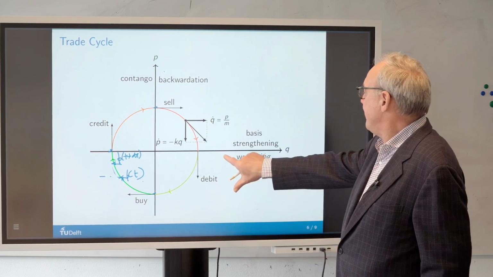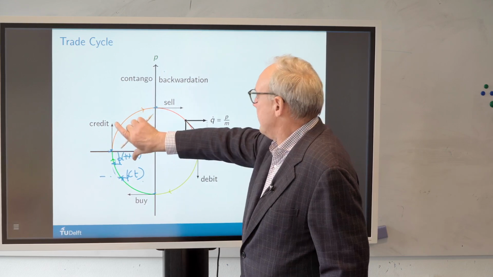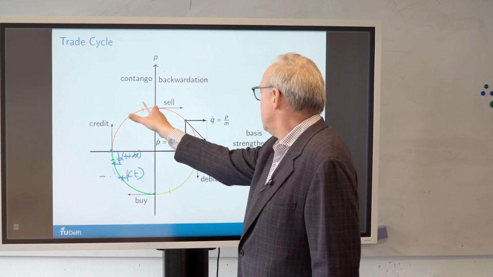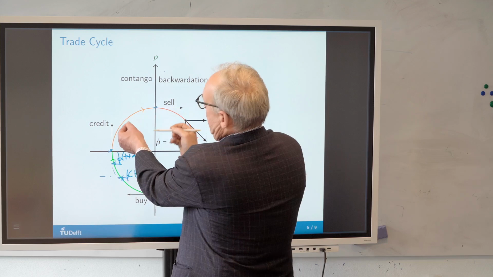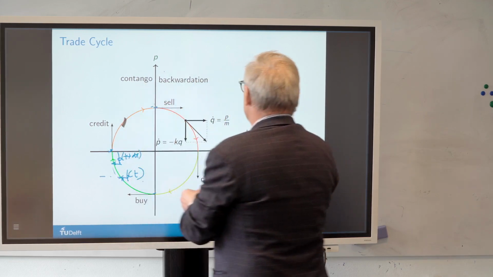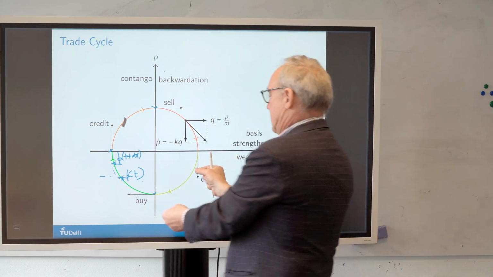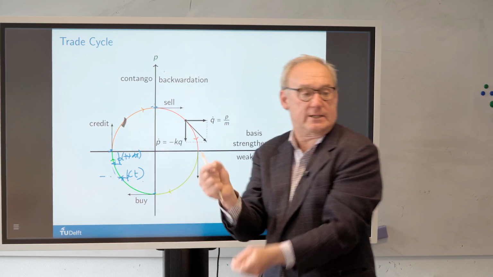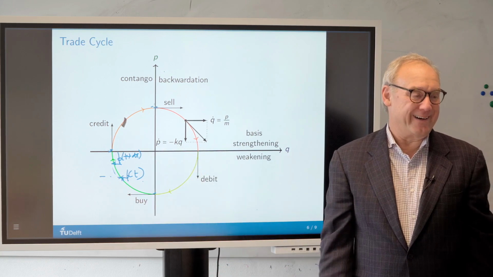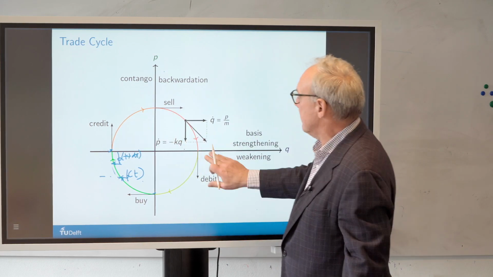So when the force is decreasing, we say that the spot gets stronger relative to the future. Then the basis is strengthening. And when it's going like this, the basis is weakening. When the basis is strengthening, they look at the convexity of the curve.